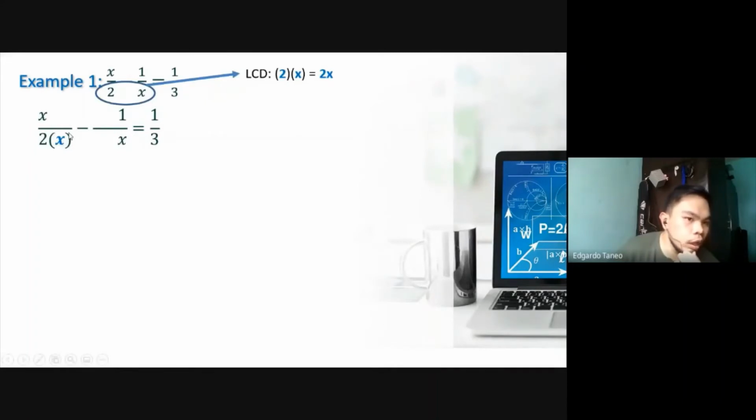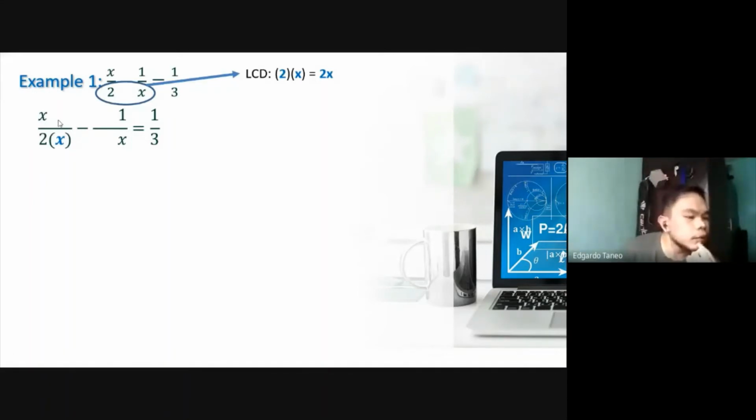Kung ano yung minultiply natin sa denominator, yun din ang imumultiply natin sa numerator. So ano yung multiply natin sa numerator na x?